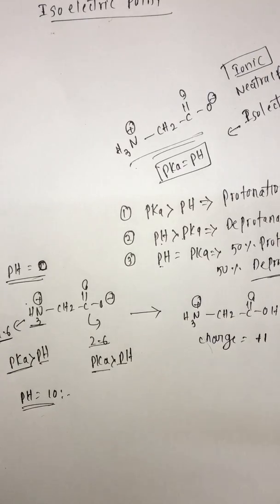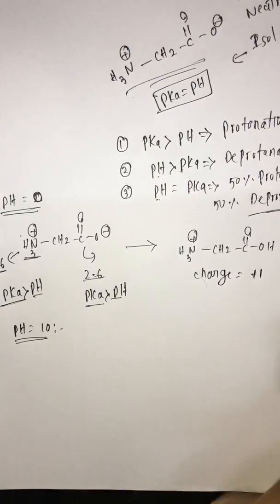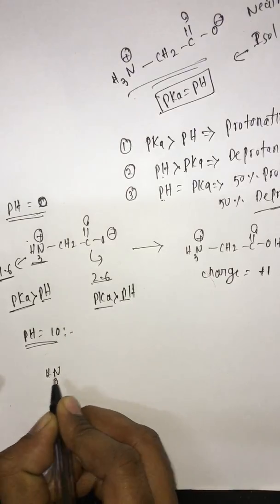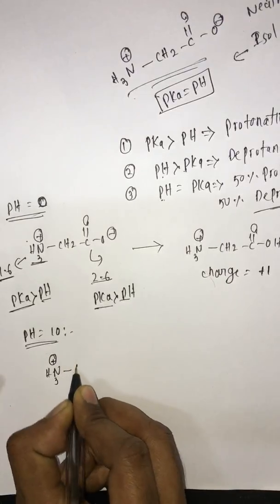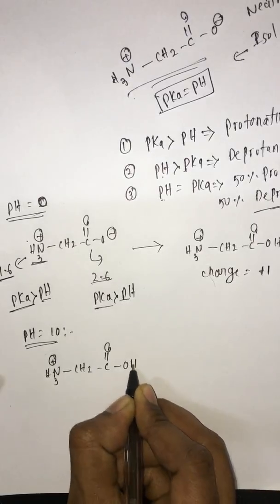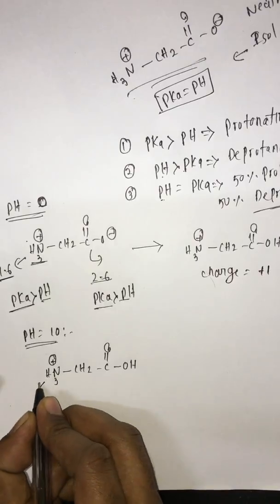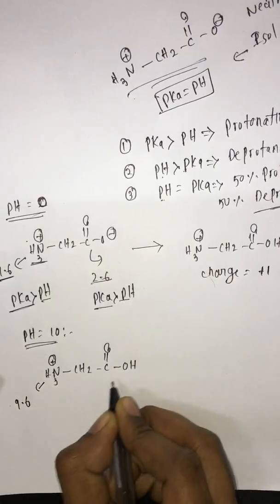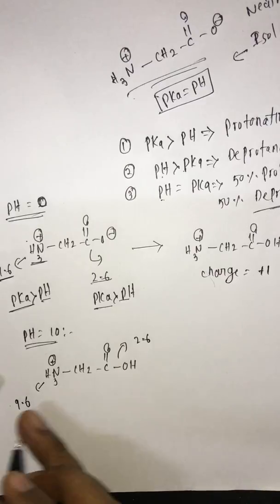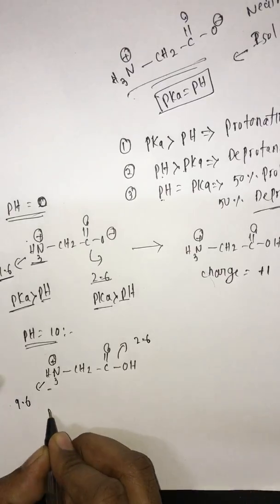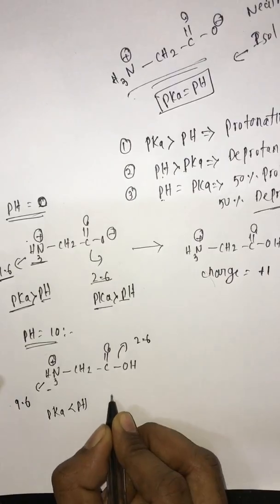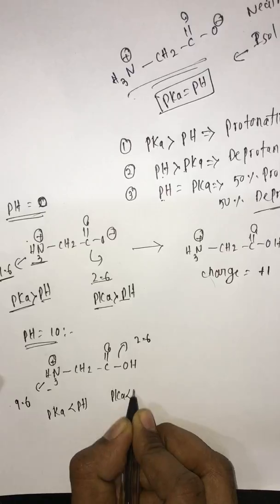So at this stage, how will it exist? We have NH3+ CH2 COOH. Here the pKa of NH3+ equals 9.6 and of the carboxylic acid equals 2.6. Now here pKa is less than pH, and here also pKa is less than pH.